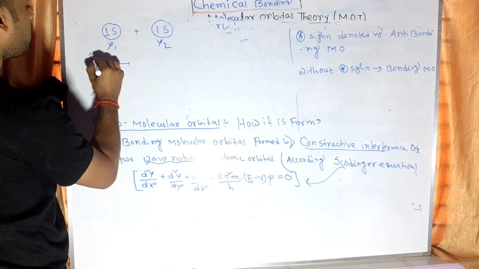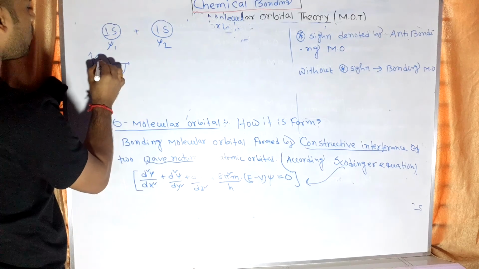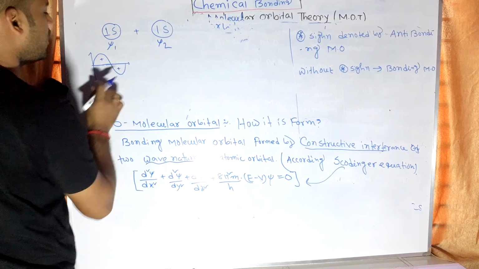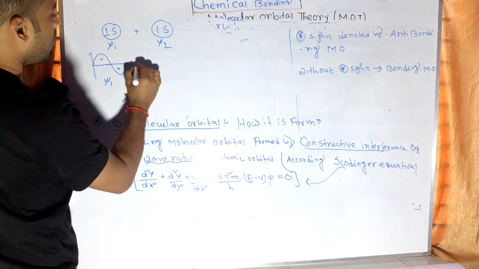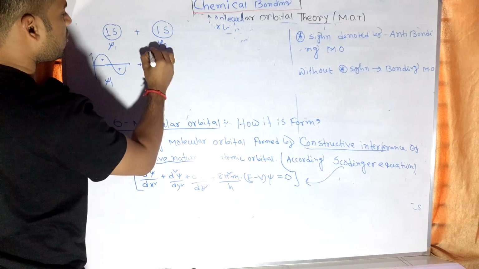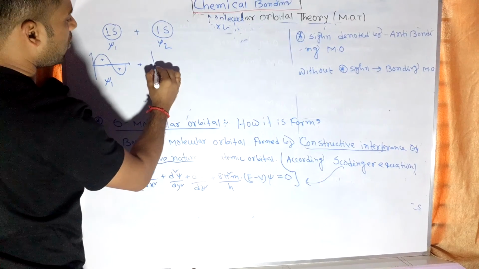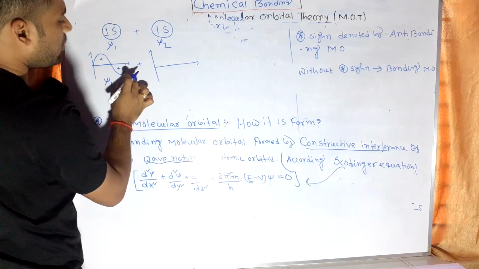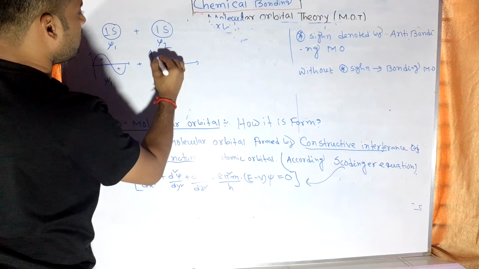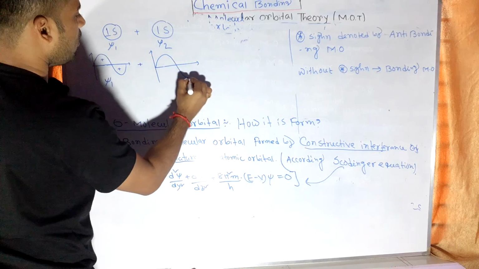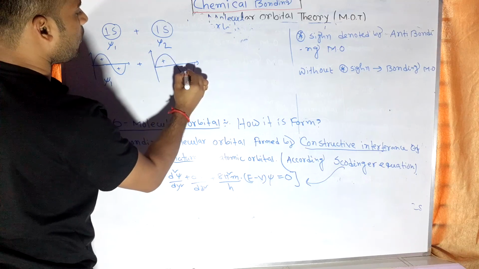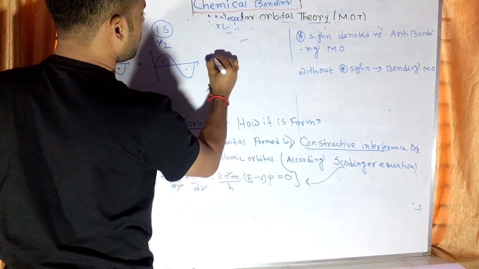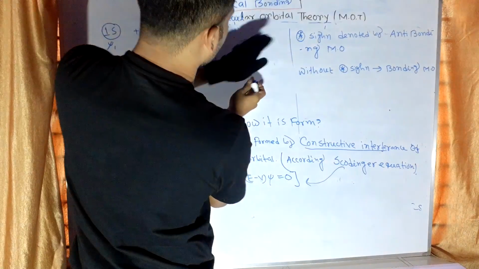That means this is the wave, positive along the positive y-axis and negative along the negative y-axis. This is psi 1, plus this, which has the same structure due to the same 1s atomic orbital. This is considered as wave nature from the Schrödinger equation. This is also the same shape and same wave, plus and minus, then the two overlap and form the molecular orbital.